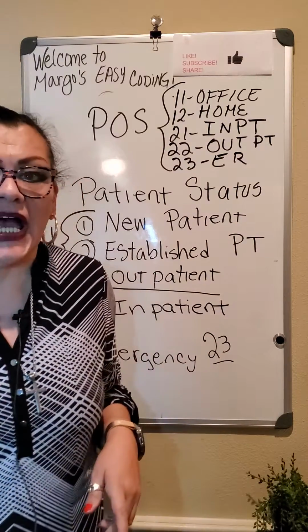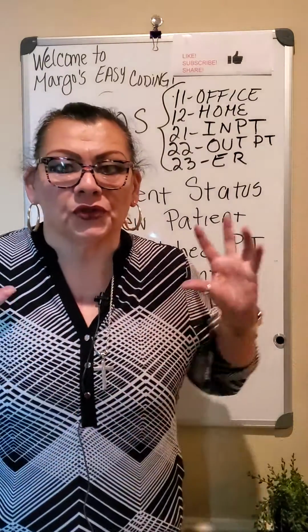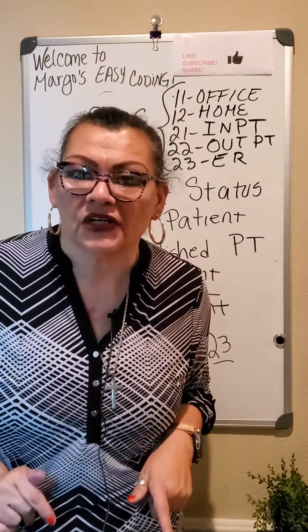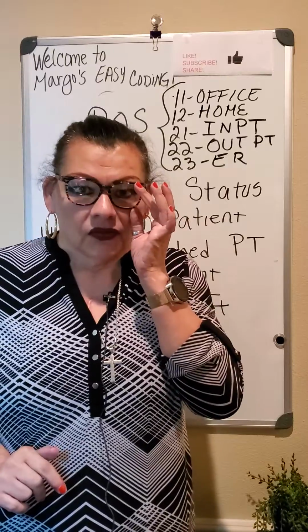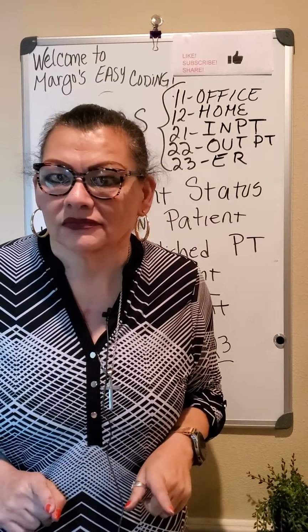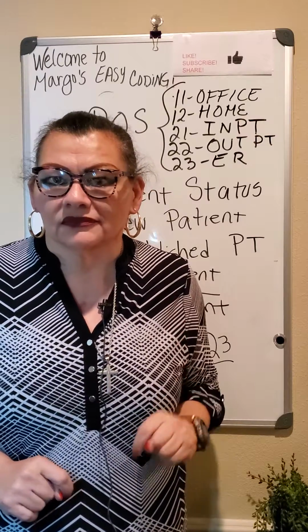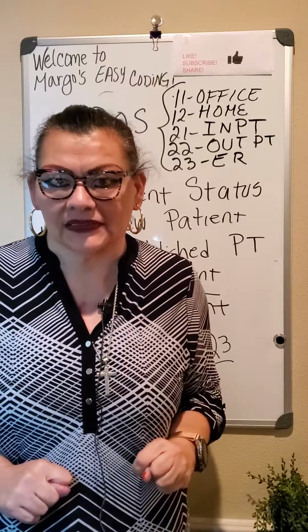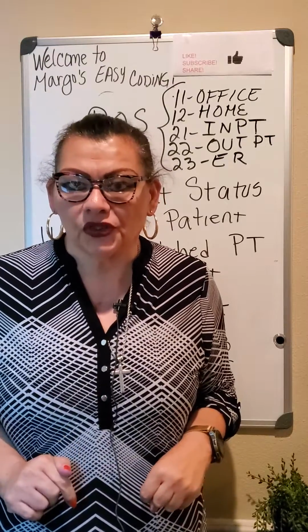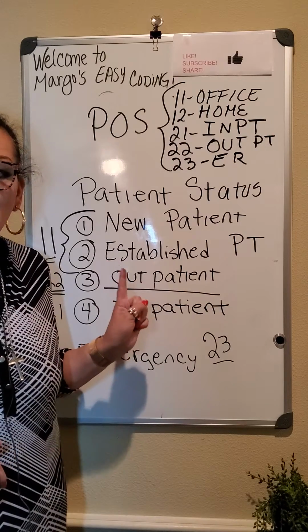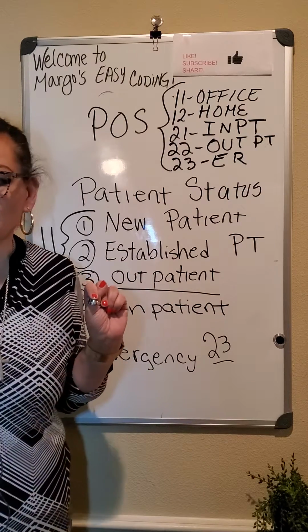So, I don't want to overwhelm you with too much information. Remember, these videos are for beginners. So that's how I'm going to be teaching you little by little. Remember, the first video was for CPT codes for an office visit. This is the second video where you just learn about converting place of services into codes.